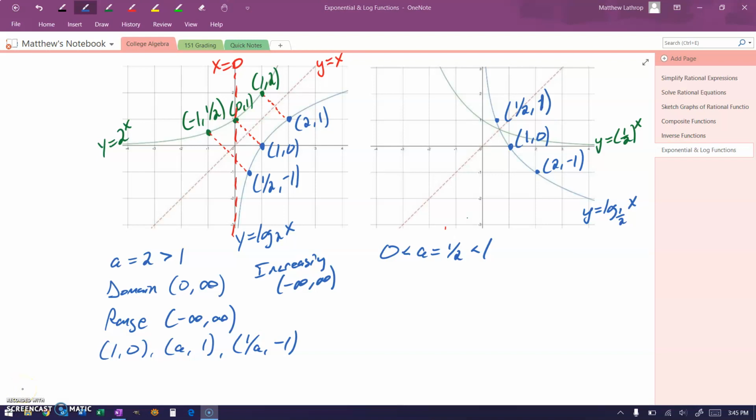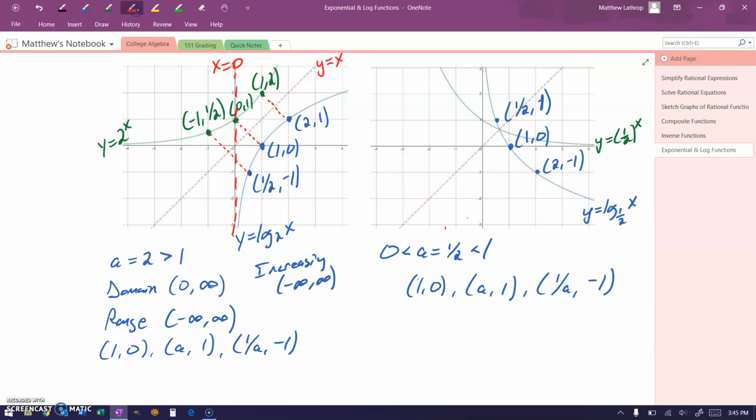We can generalize that to say that our function will always be passing through the points (1, 0), (a, 1), where now a is something between 0 and 1, and (1/a, -1).